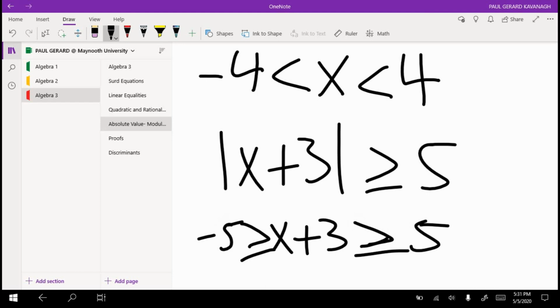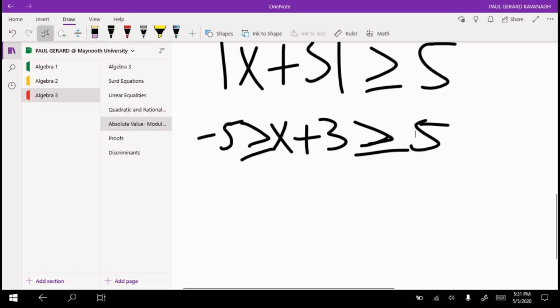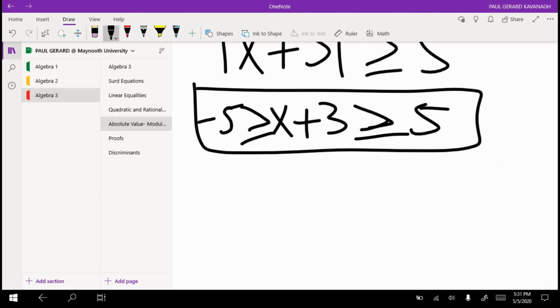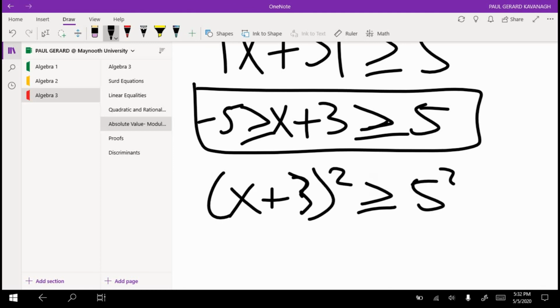So how you would find x is, what I would actually do is skip writing this and just square both sides. Because it's going to be either minus 5 or 5 or values beyond them, it doesn't really matter, because minus 5 by minus 5 is 25, 5 by 5 is 25.